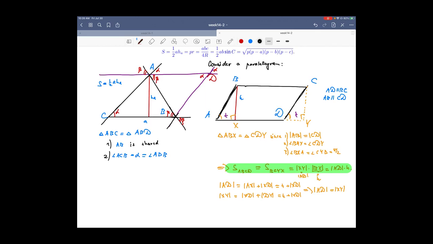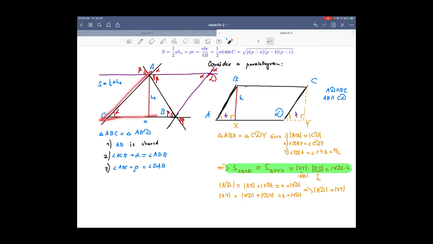So we have that angle ABC equals angle DAB. So this explains that triangles ABC and ABD are equal.